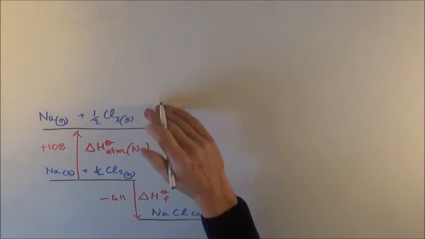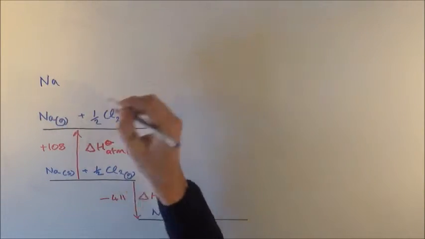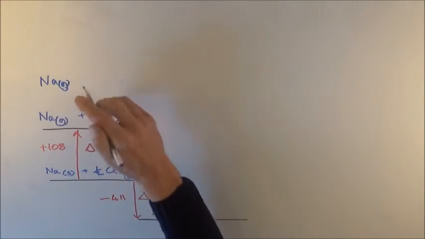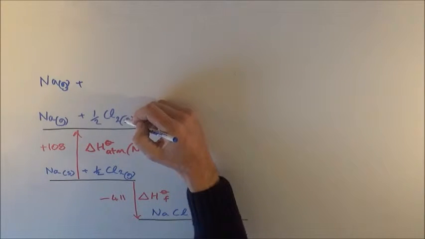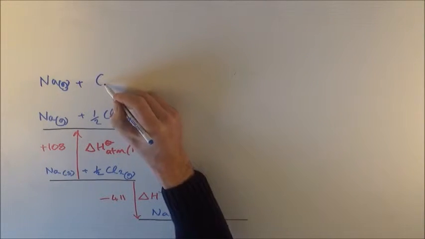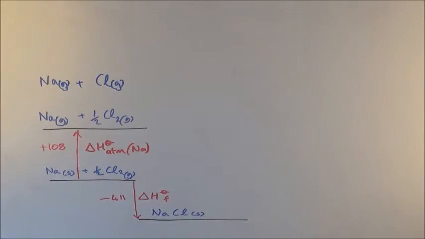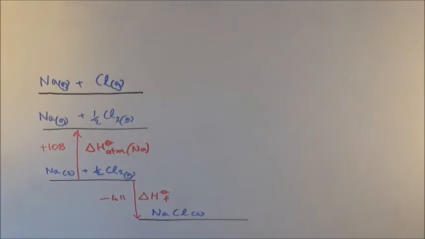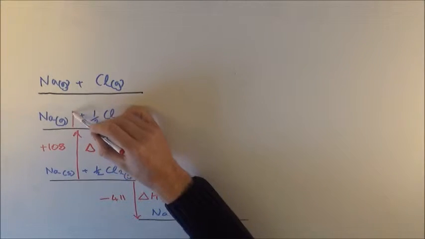So again, we're going to make only one change as we go up the energy level diagram. The sodium, you can effectively forget about because nothing's happening to it, but we're going to change that half mole of chlorine molecules to a mole of chlorine atoms in the gas state. So to get from that level to that level, all we have done is atomize the chlorine.